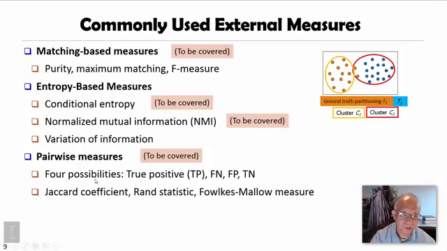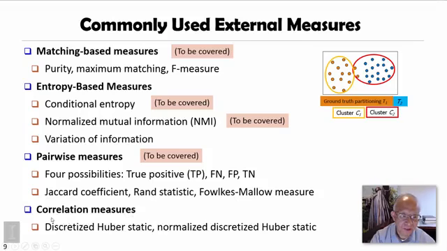For example, we may have four possibilities: true positive, false negative, false positive, true negative. Then we have the Jaccard coefficient, Rand statistic, and Fowlkes-Mallows measure. The fourth category is called correlation measures. Essentially, they are the discretized Hubert statistic and the normalized discretized Hubert statistic. Those marked as to be covered, we will discuss in more detail in the subsequent sessions.